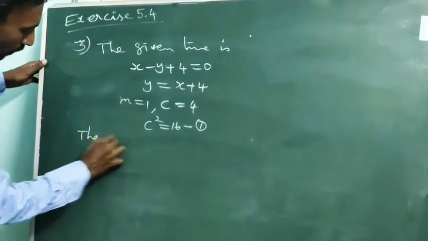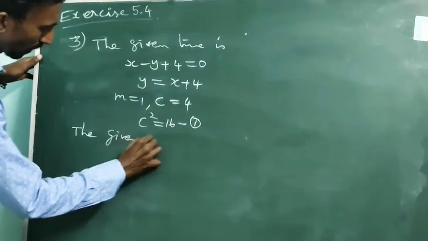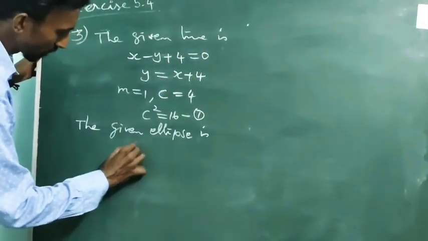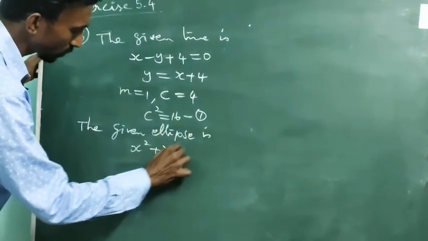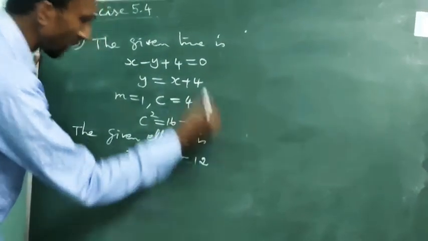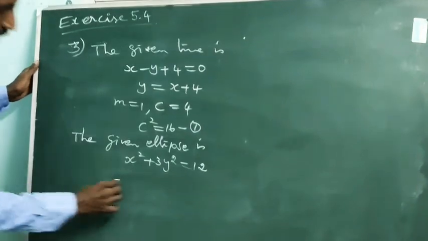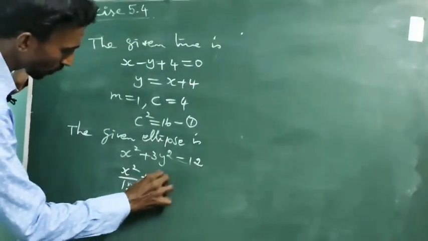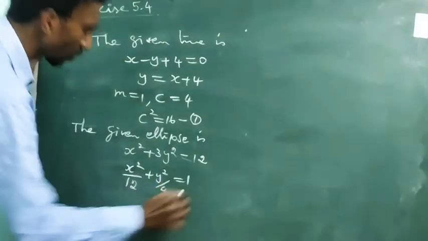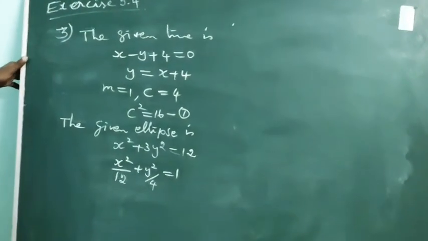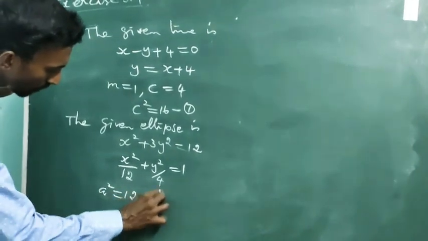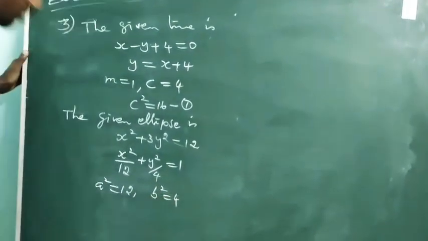And the given ellipse is x square plus 3y square equal to 12. So divide by 12 on both sides, we are getting x square by 12 plus y square by 4 equal to 1. Compare with the general standard equation, we are getting a square equal to 12, b square equal to 4.